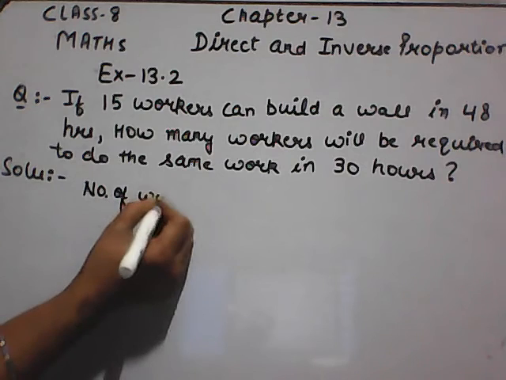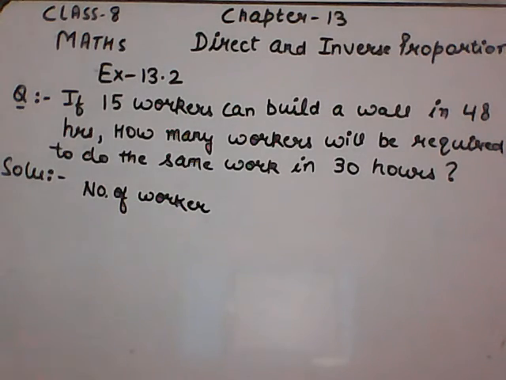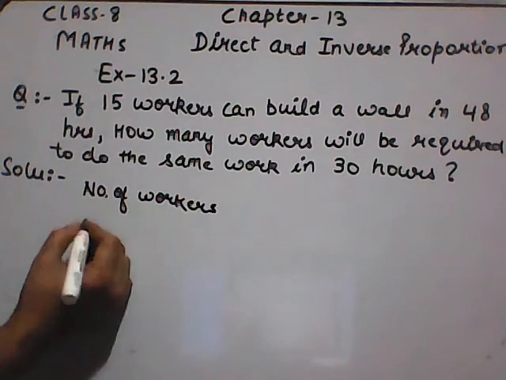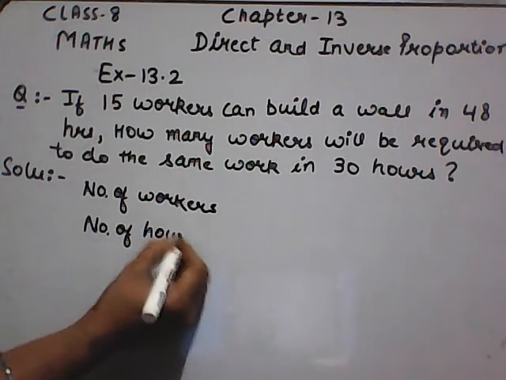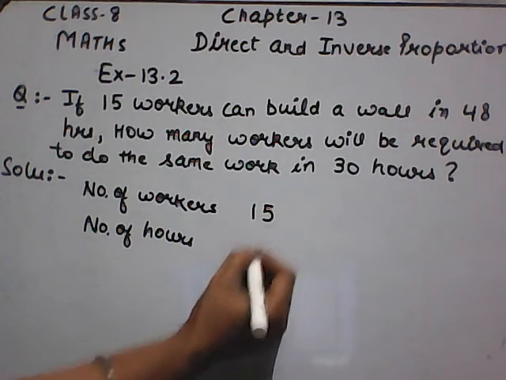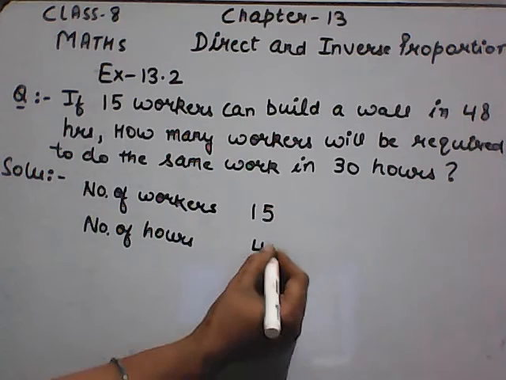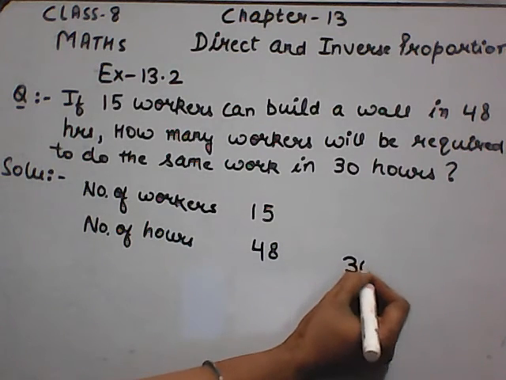Number of workers and number of hours are given to you. 15 workers can build a wall in 48 hours. How many workers will be required to do the same work in 30 hours?